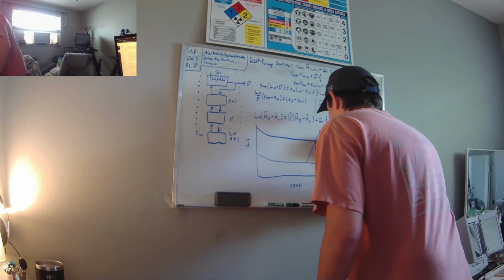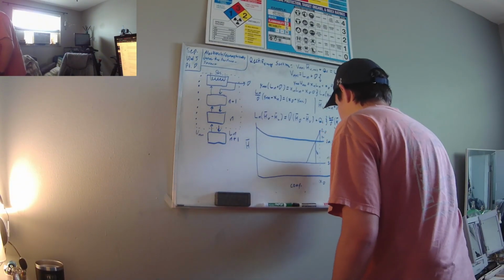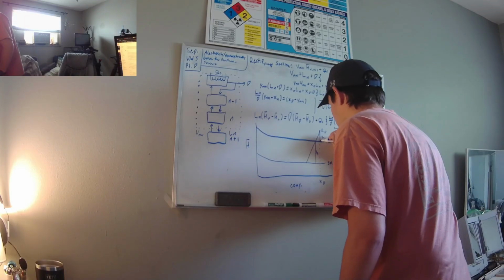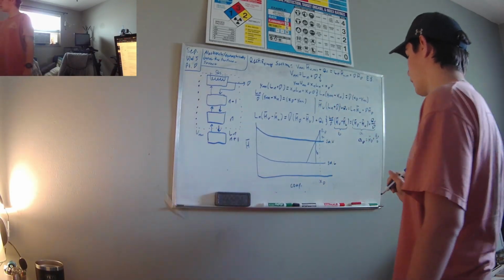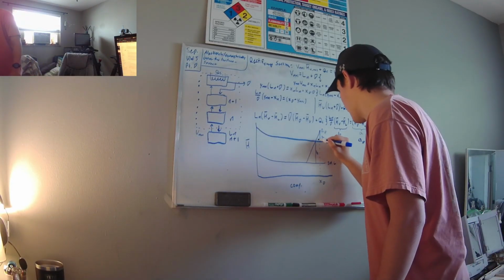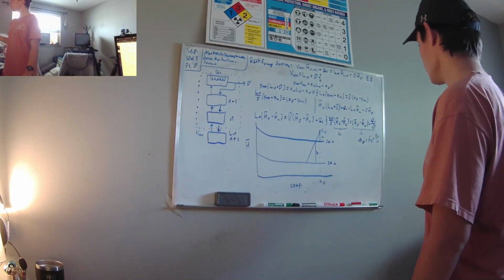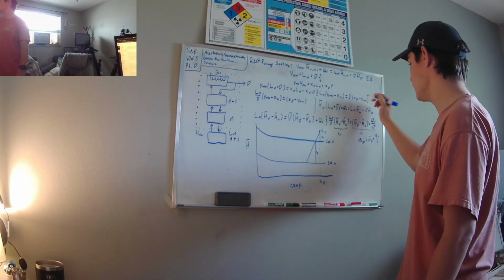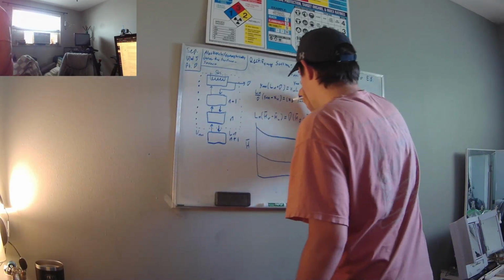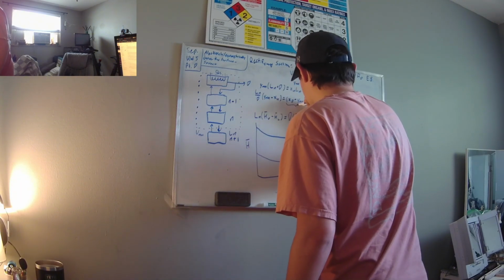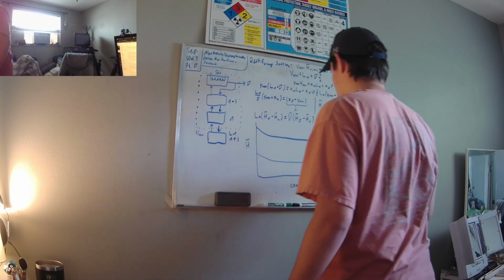So going from this XD over to our y(n+1), we got our value C right here, with our overall material balance for the Ponchon-Savarit.